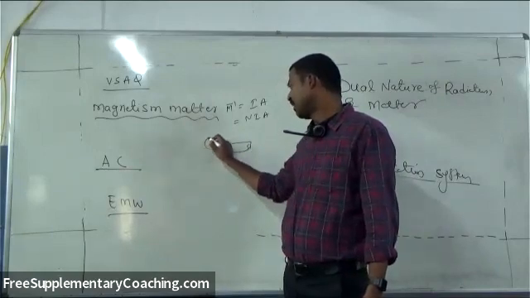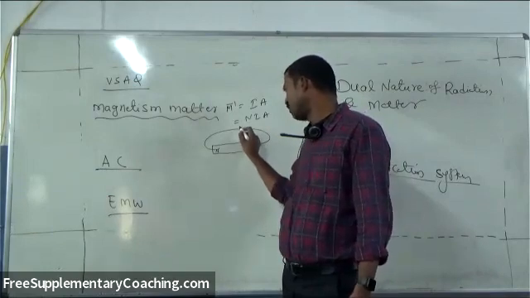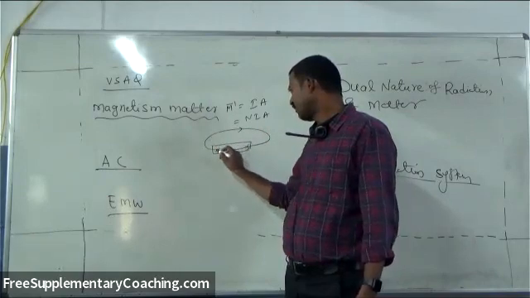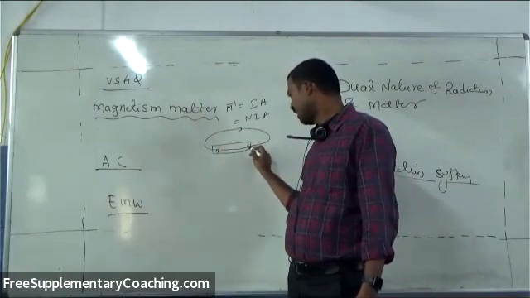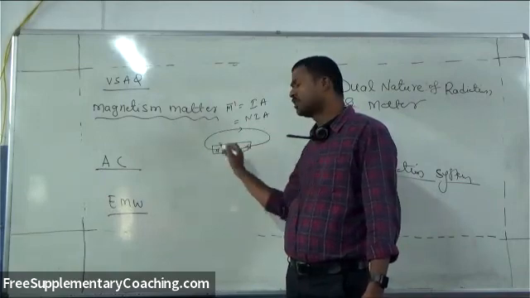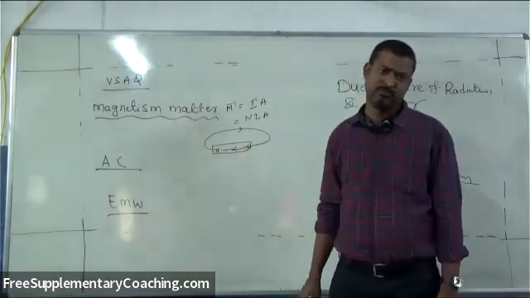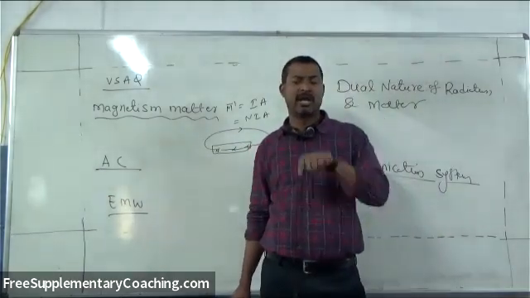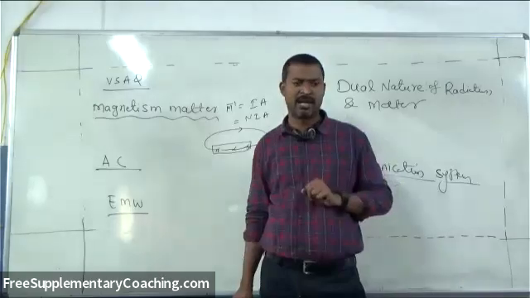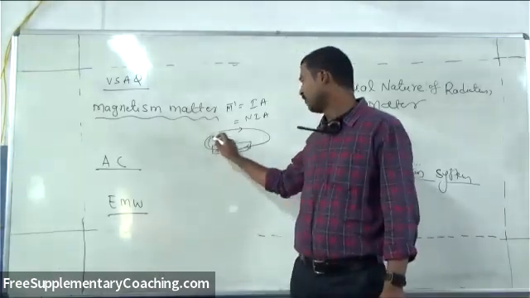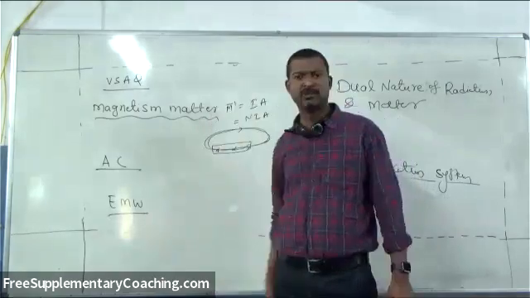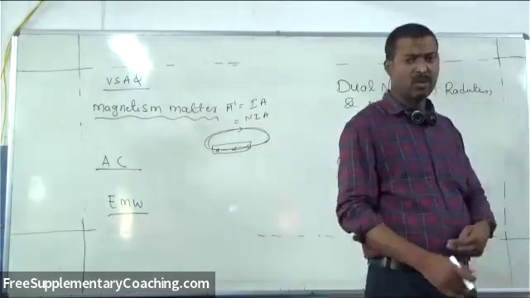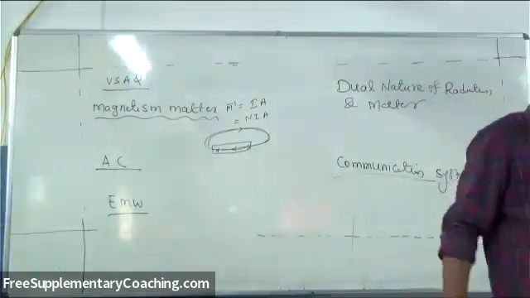Field lines emerge from the north pole, travel outside to the south pole, enter at the south pole, and travel from south to north inside the magnet. So they form a closed loop. That is why magnetic field lines are closed loops. Clear?